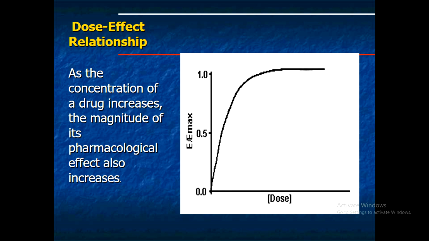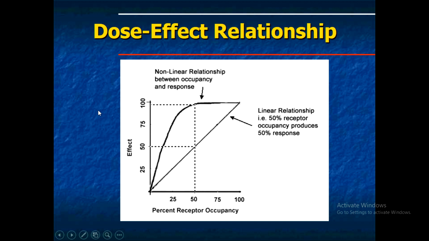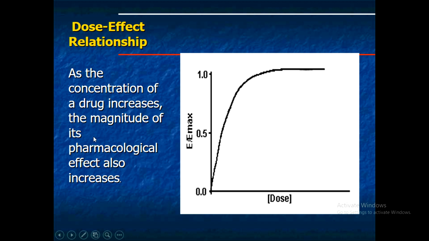So just as it was stated, as the concentration of a drug increases, the magnitude of its pharmacological effects also increases, and it's been indicated here with this graph. You can see that the dose is here. This is the dose effect graph. The effect is placed vertically, and then the dose is here. You can see that when the dose is increasing, the effect also rises.